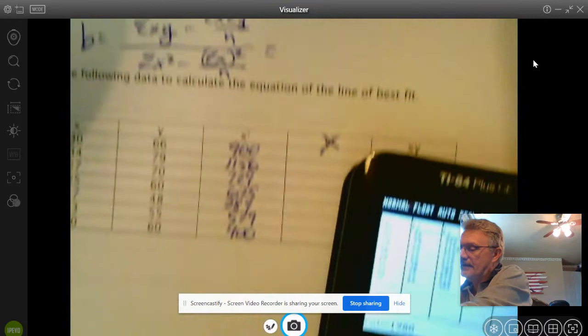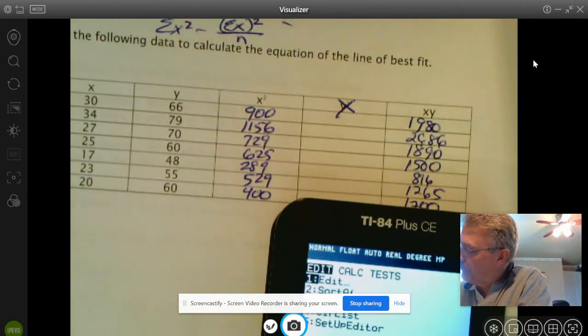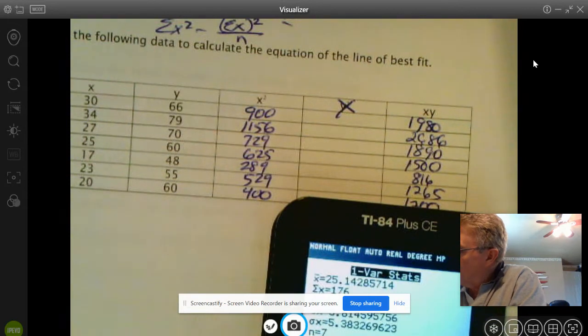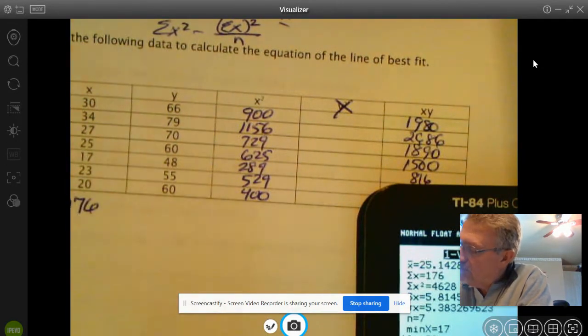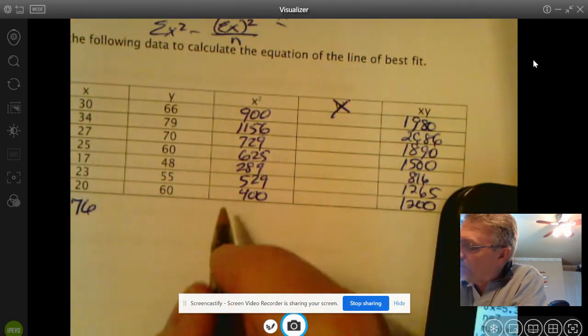All right, so then I need the sum of all those columns. So stat, calculate one variable stats on list 1. The sum of x's is 176, and the sum of x squareds is 4629.